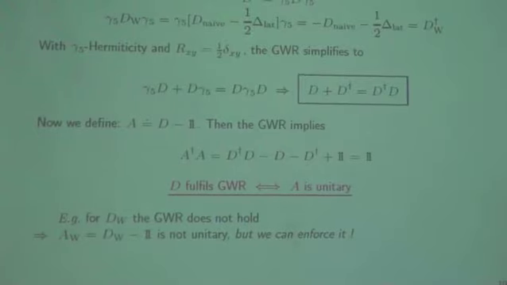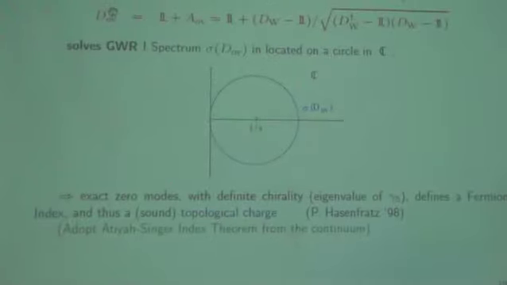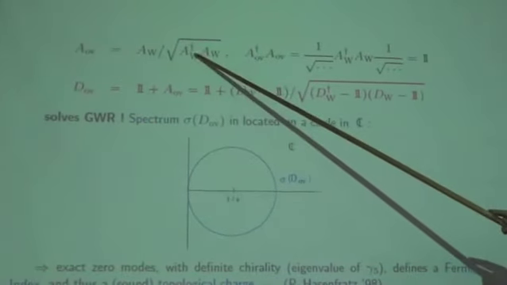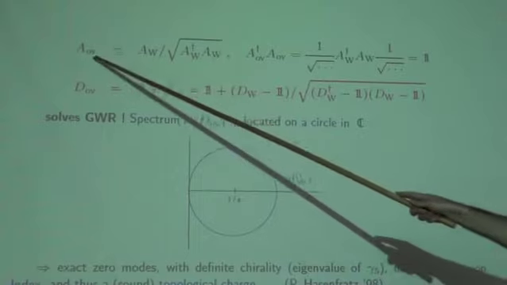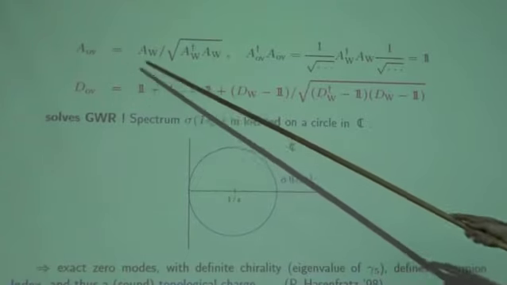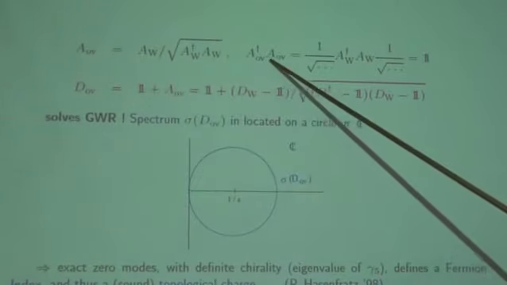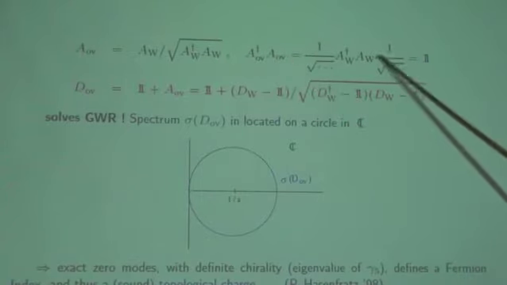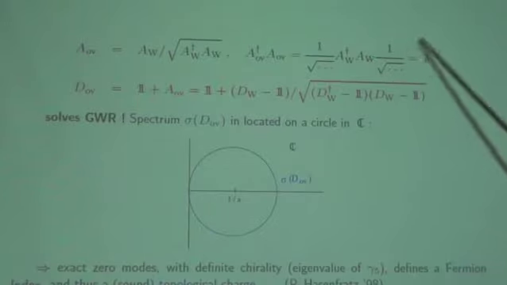What we do is we take this A Wilson divided by the square root of A Wilson dagger A Wilson, and this object here, which I call A overlap, this is then of course unitary. So A overlap dagger A overlap, you have these square roots here, then this gives 1.